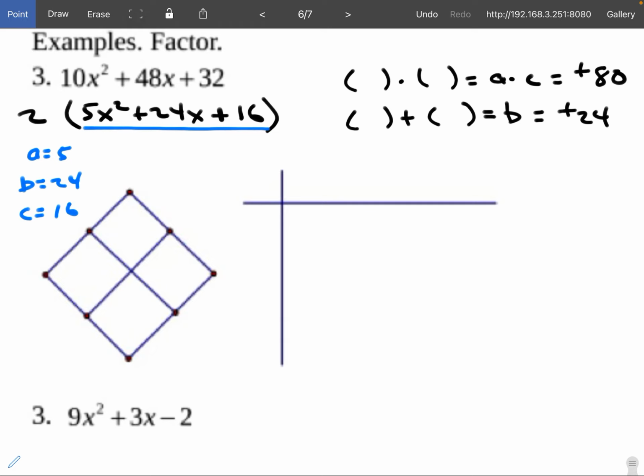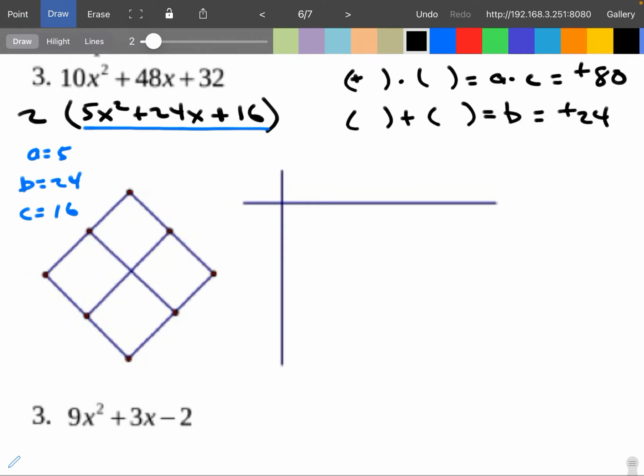So again, we're going to start with 2 numbers that multiply to 80. You could start out with 1 times 80, 2 times 40, 4 times 20, 5 times 16. What else would you get? I think that's about it, right?